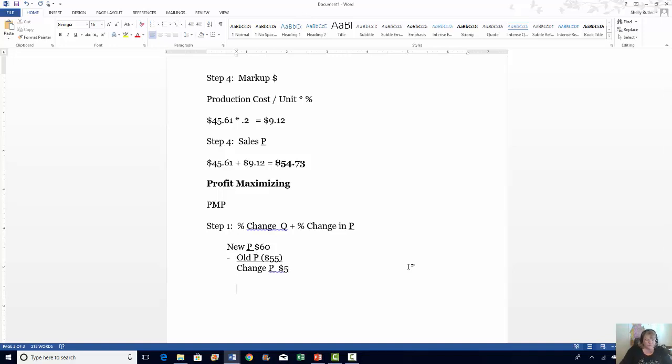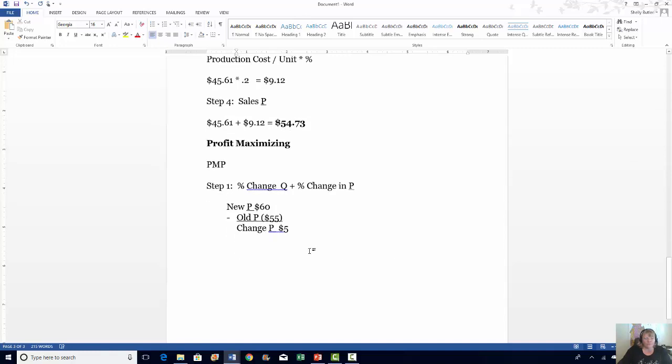Okay. And I'm going to pop that back there. Okay. Now the change in price divided by the original price.